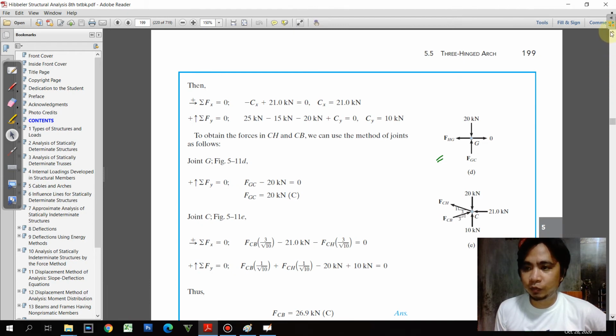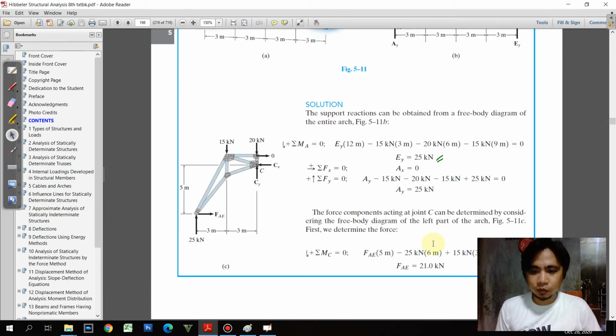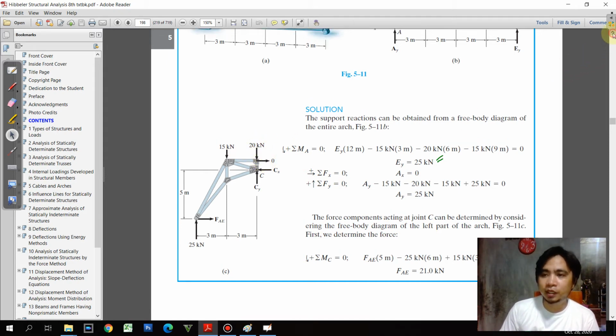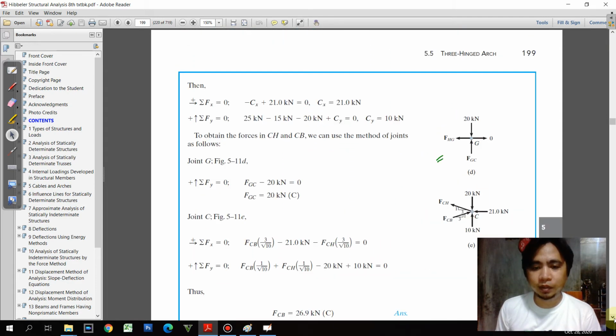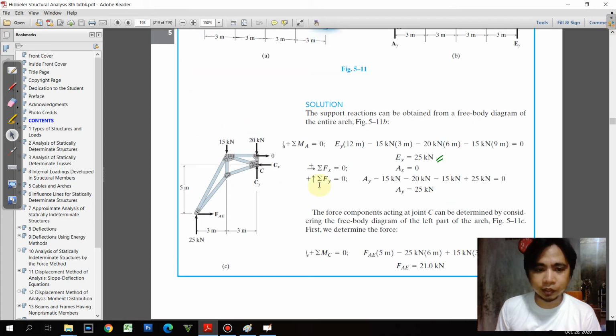So each of them will have 25 kilonewton vertically upwards. And then we are going to cut the section on the mid, of course, that is a treatment in the 3-hinge arc. So we cut that on the mid. Okay, so at the midsection we have this.